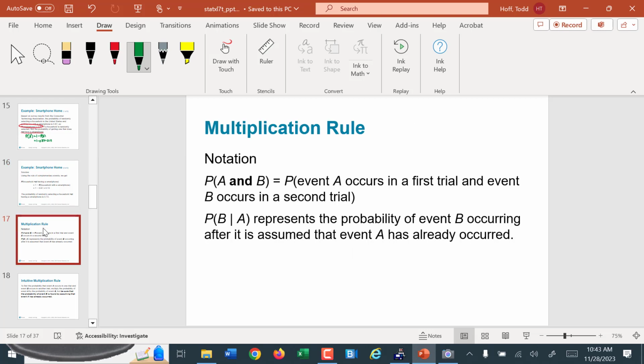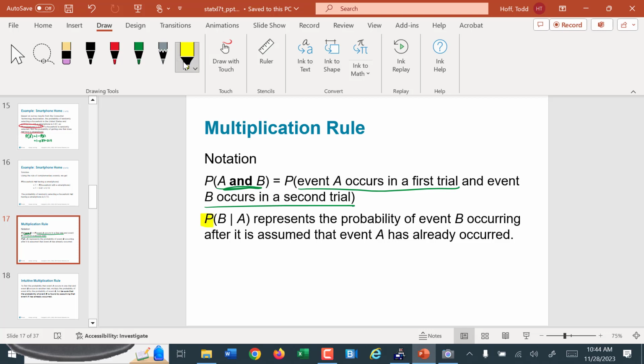Next, we move on to the multiplication rule. So as we said, the addition rule was all just one occurrence of a single procedure. The multiplication rule, we're looking at multiple trials of that procedure. We're repeating the procedure at least a second time, maybe more. So the probability of A and B is the probability of getting A on the first trial and B on the second trial.